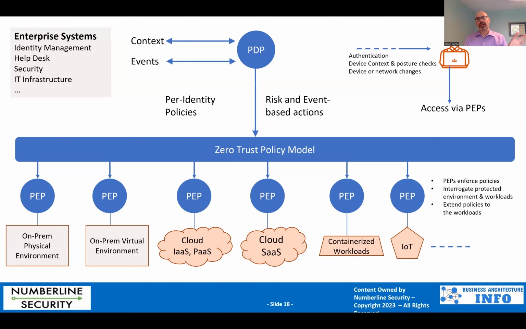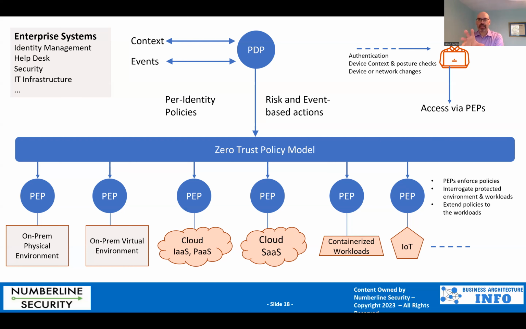So now you have this centralized policy decision point that lets the organization define per identity and per resource policies that are aware of the context and the events that come from the enterprise infrastructure, and allow ultimately users, both human and non-human, to access these resources through this set of policy enforcement points.